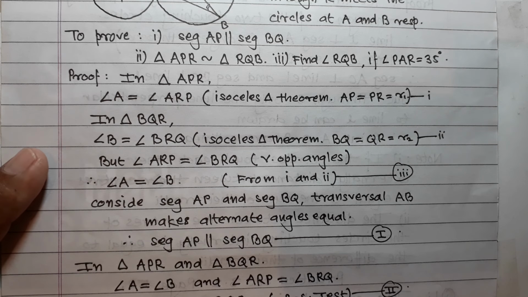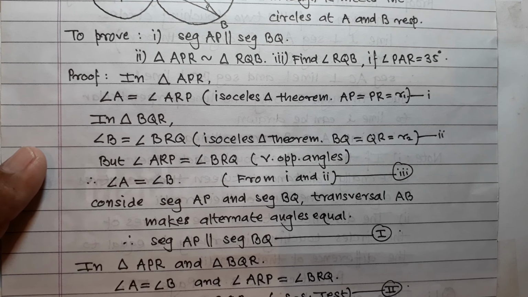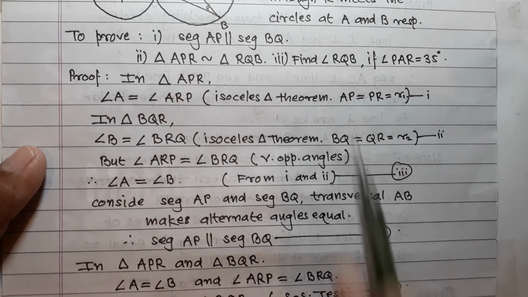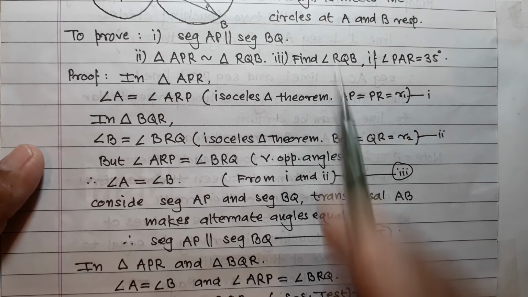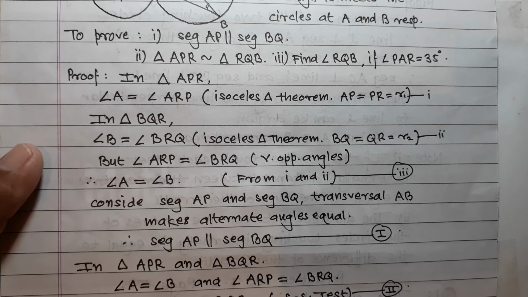Now third one: angle PAR is equal to 35, given, but angle PAR is equal to angle PRA is equal to 35. Now therefore angle P is equal to 180 minus 70, which is 110, but angle P is equal to angle Q, and therefore angle RQB is equal to 110.